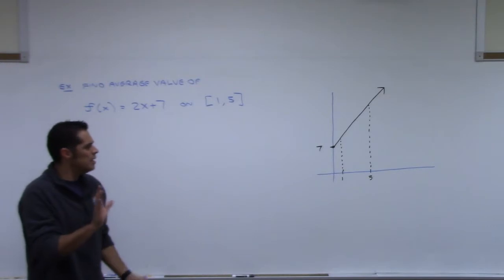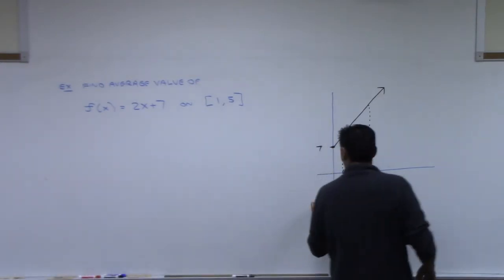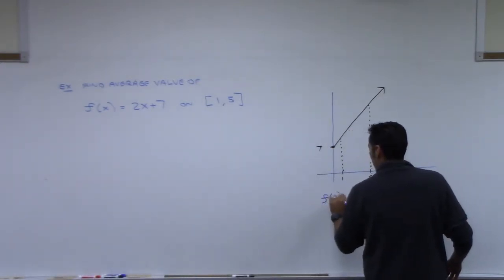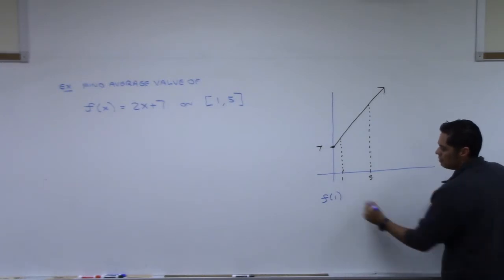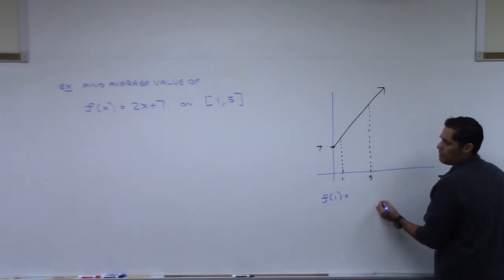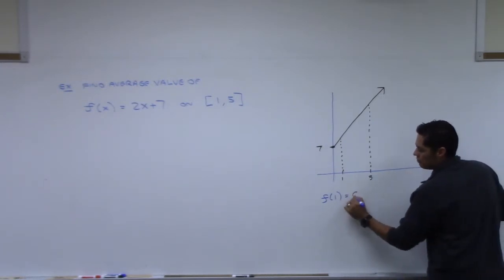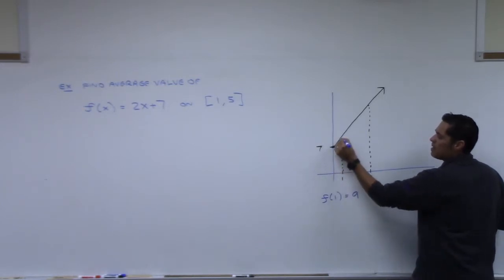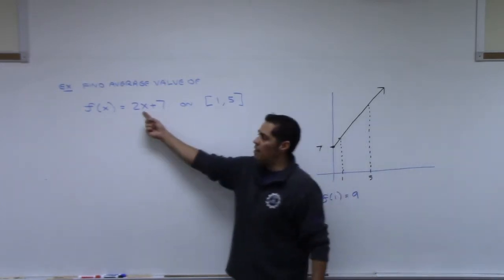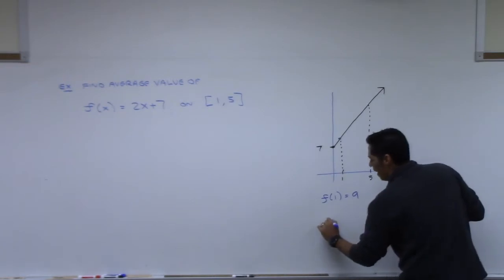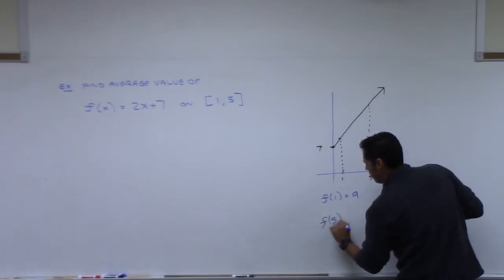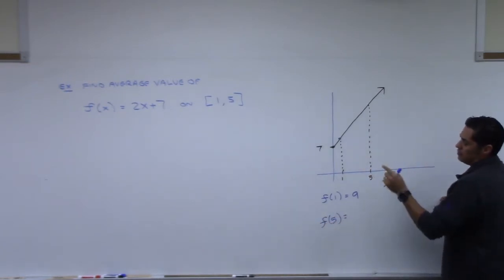So just so you understand what's going on, what is f of 1 for this function? 9, right? If I plug in 1, it spits out 9. What about if I plug in 5? 17.